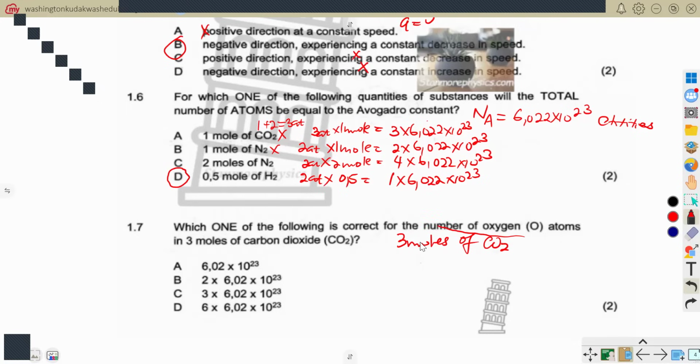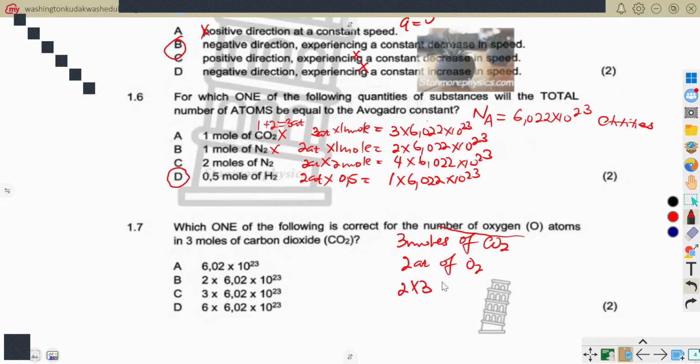So you can actually get to see that here for carbon dioxide, I have got 2 atoms of oxygen. And then from my answers, it is given in terms of entities. So we need to find entities that are equivalent to 2 atoms of oxygen times 3 moles.